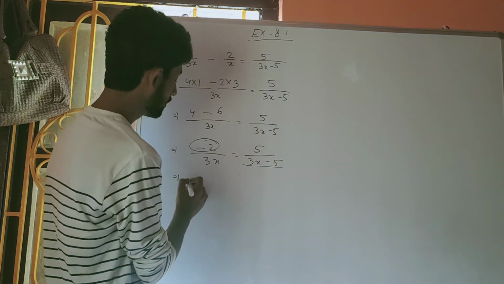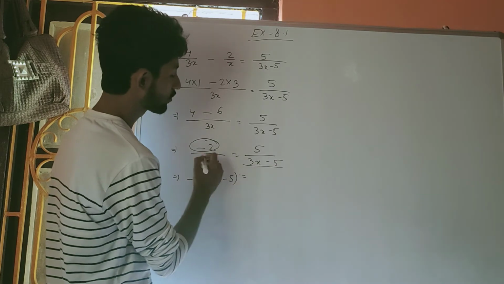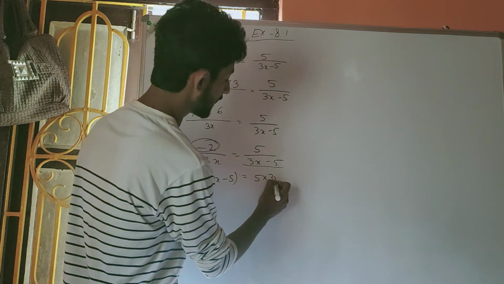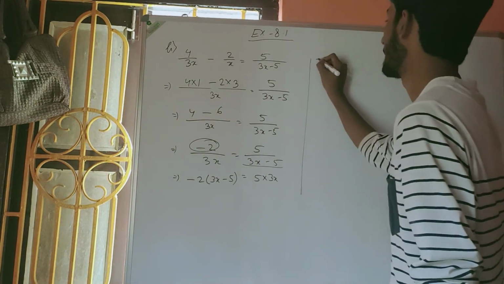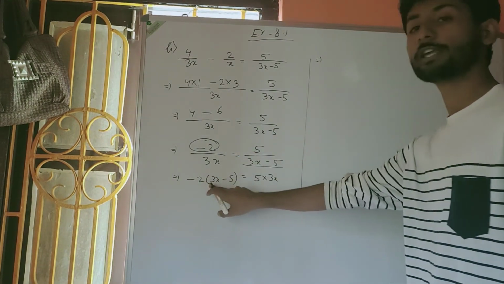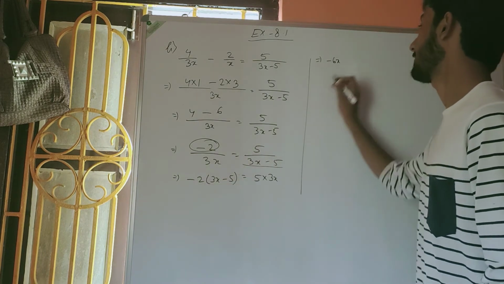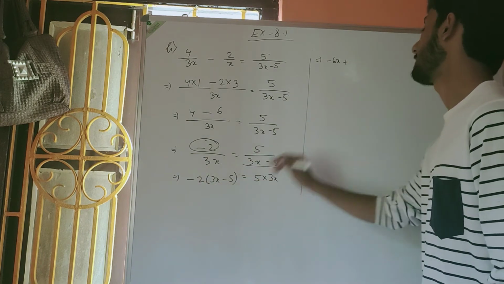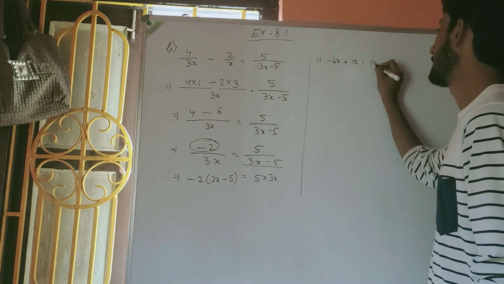So minus 2 will be multiplied with 3x minus 5, which equals 5 multiplied with 3x. What will we get then? We will get minus 2 into 3x is minus 6x, minus into minus is plus, 2 into 5 is 10, which is equal to 5 into 3 is 15x.